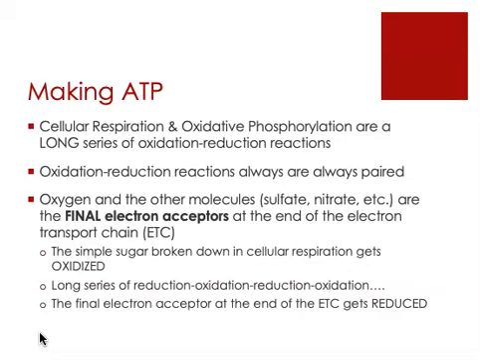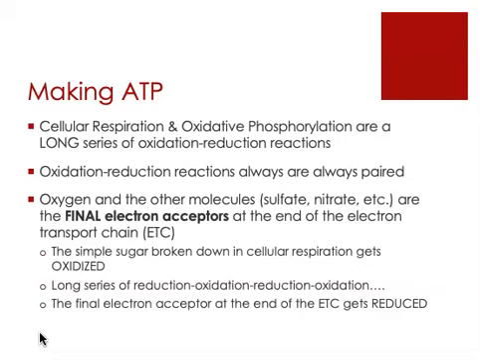So the simple sugar that goes into cellular respiration, whether it's glucose or maybe sucrose or maybe mannose or lactose, that sugar gets broken down all the way to a one carbon molecule called carbon dioxide. That sugar is losing its electrons.